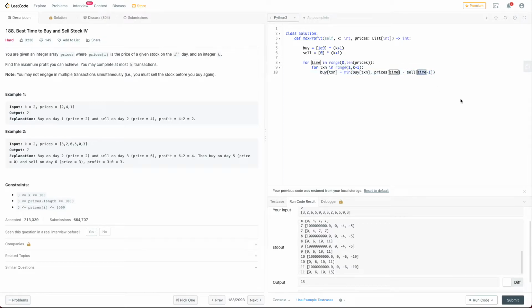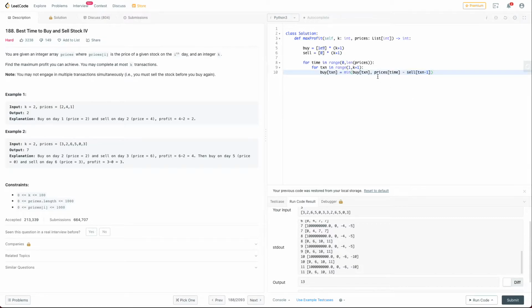This is transaction minus 1. The cell transaction minus 1 says, well, let's say k was 2, what is the best possible thing that we were able to do in a previous time frame?